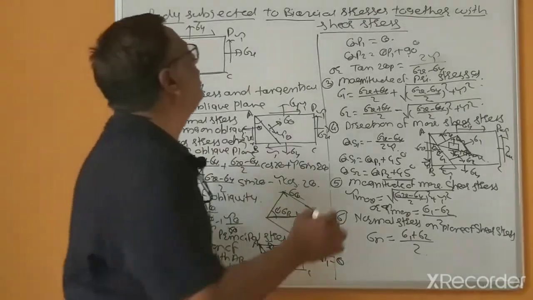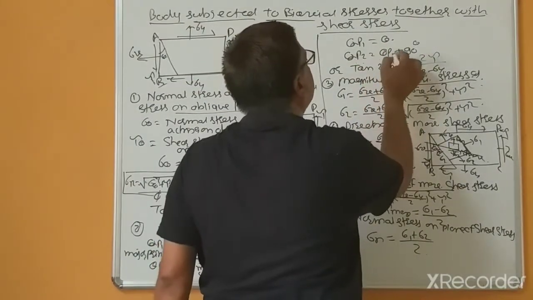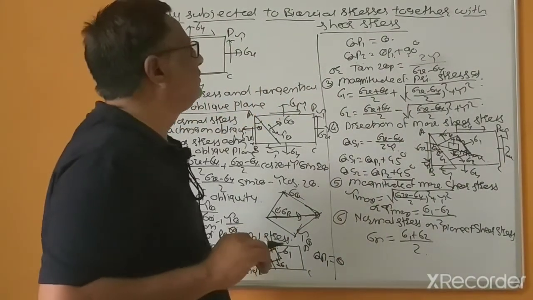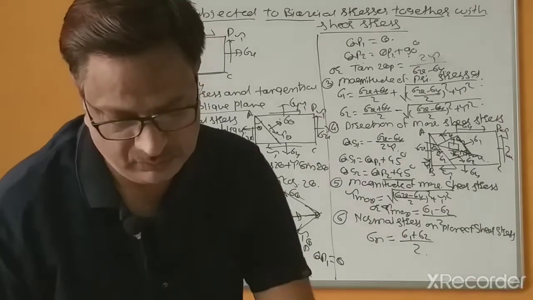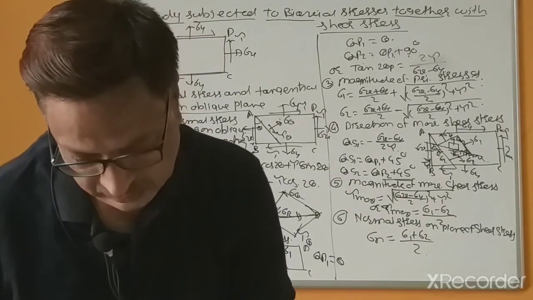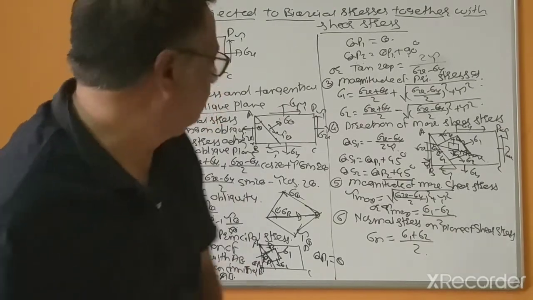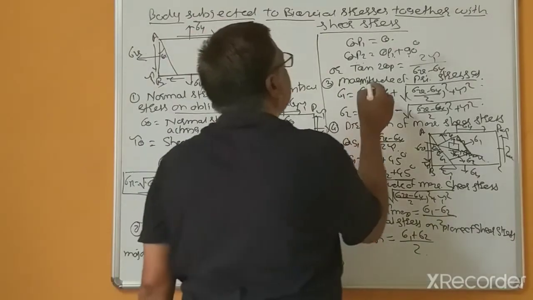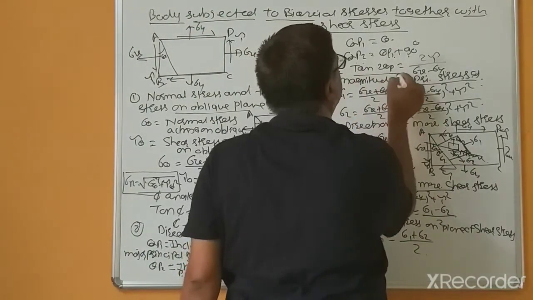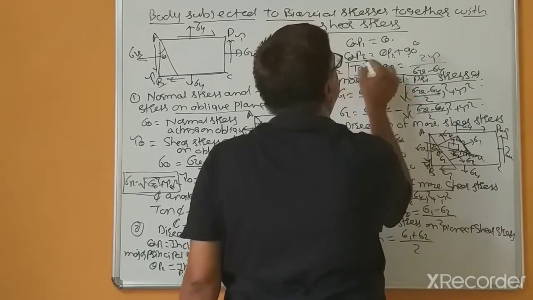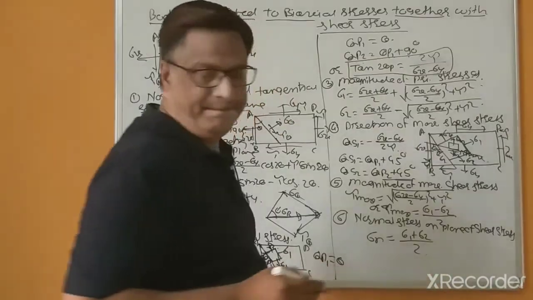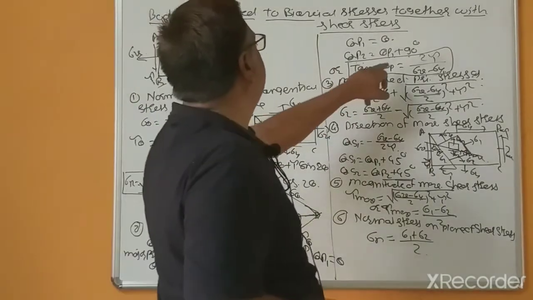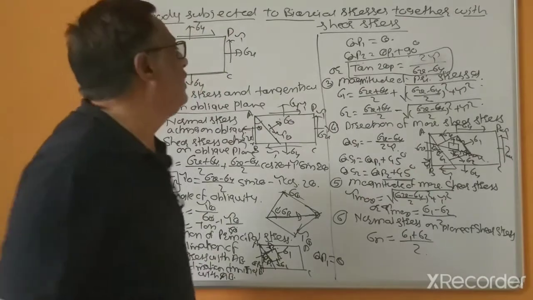So theta p2 equal to theta p1 plus 90 degrees. Or by using this formula also you can calculate this angle, the inclination of the principal plane with AB.